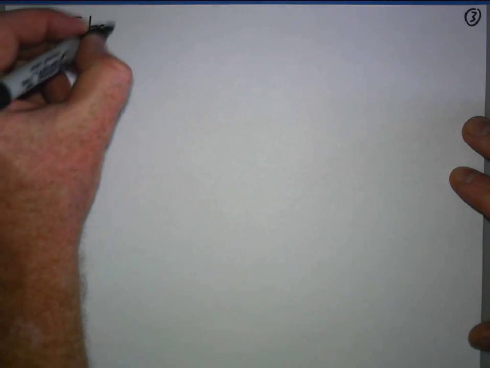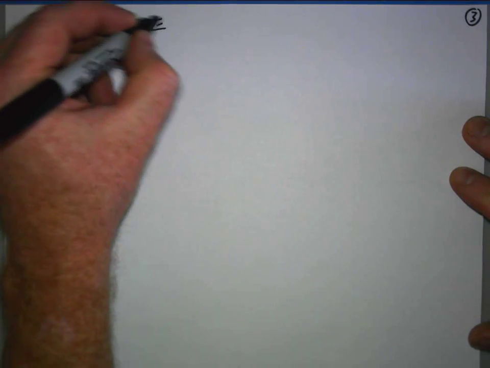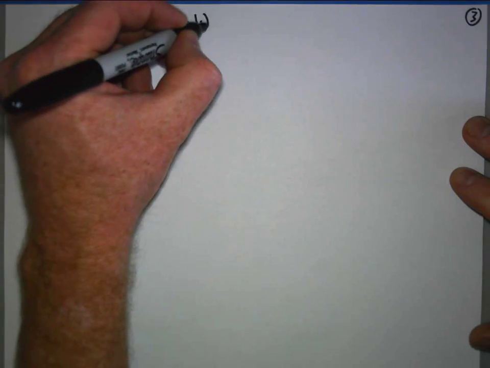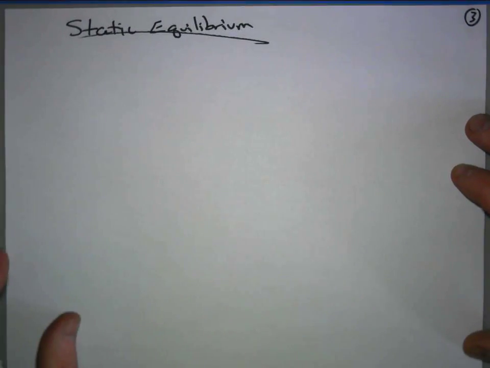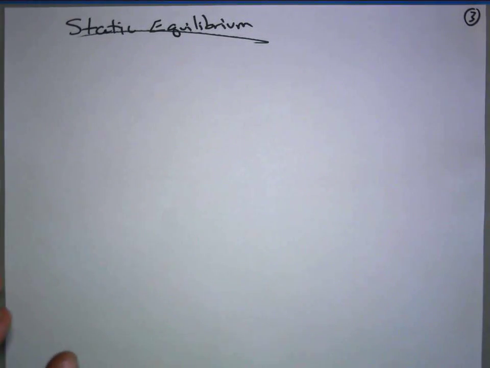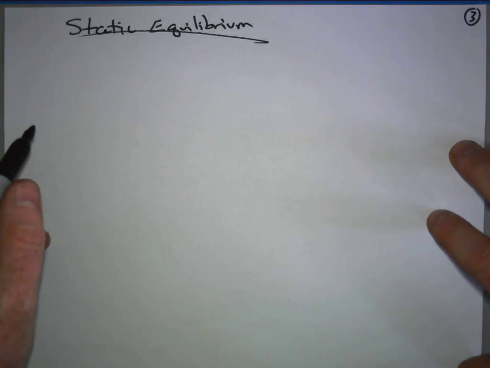So next I want to revisit static equilibrium. Because we can apply our knowledge of torque to realize, well, we might not be able to answer all the questions we want if we just look at linear information.